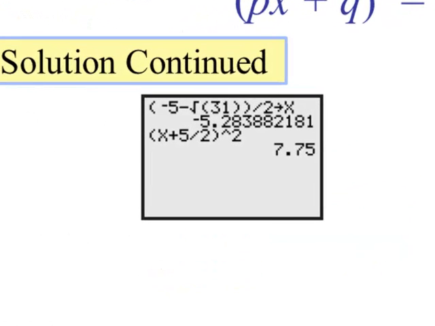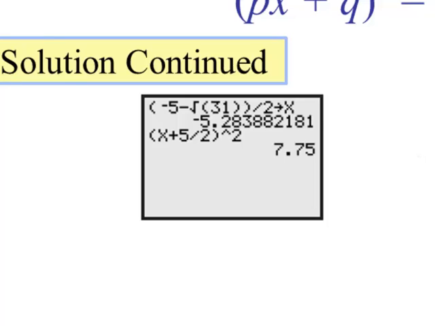So using the graphing calculator, we type in the first solution, negative 5 minus the square root of 31, that being divided by 2. We hit the store key, which is STO, and then we hit the X key. Now what this does is this saves the number in x.